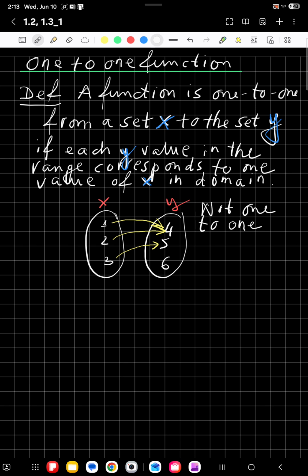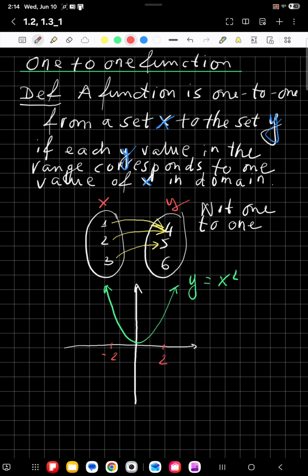Another example of something that's not one-to-one would be a parabola. Let's sketch a regular parabola, just y equals x squared. For example, let's say this is -2 and this is +2.